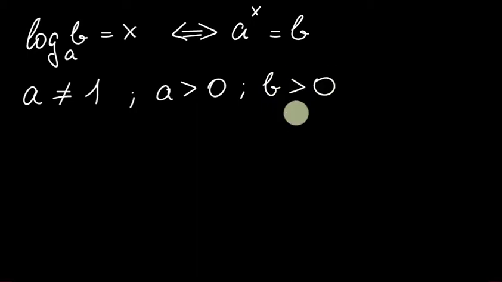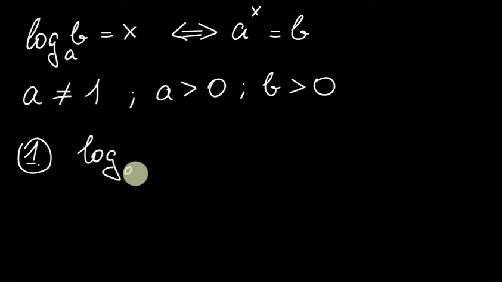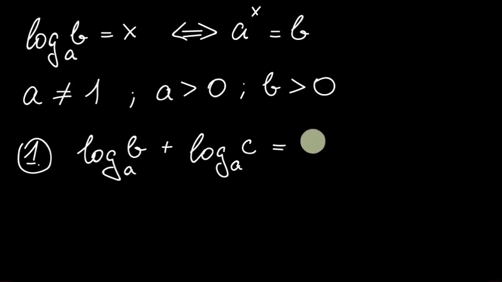Now, let's move to the first property. The first property looks like this. Log base a of b plus log base a of c is equal to log base a of b times c.